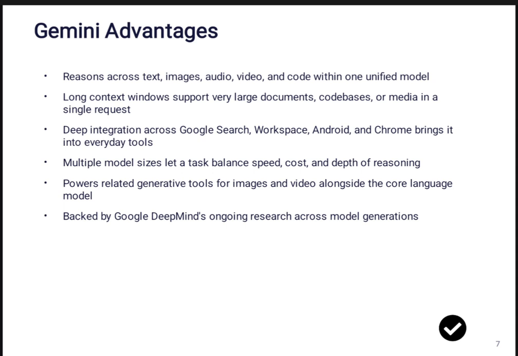Multiple model sizes let a task balance speed, cost, and depth of reasoning. It also powers related generative tools for images and video alongside the core language model, backed by Google DeepMind's ongoing research across model generations.